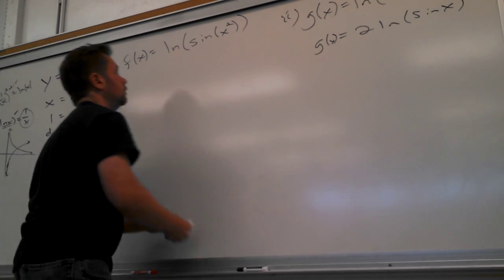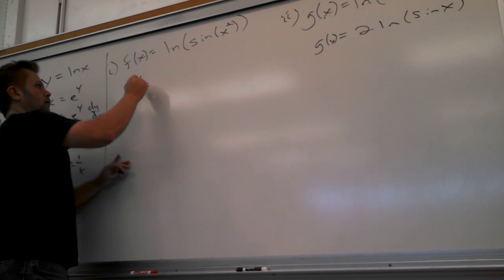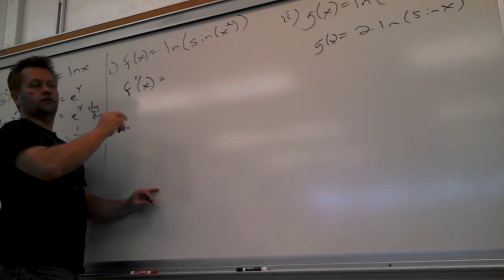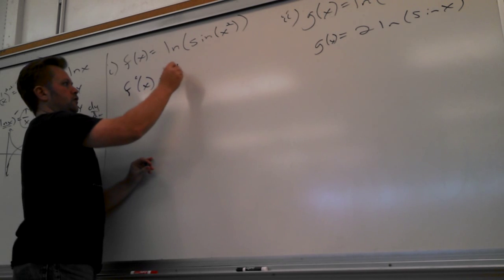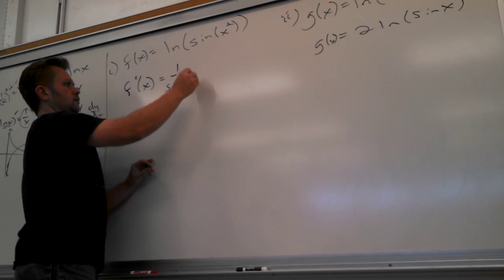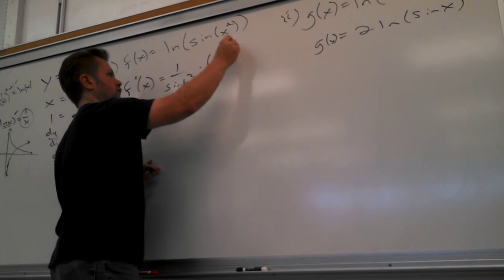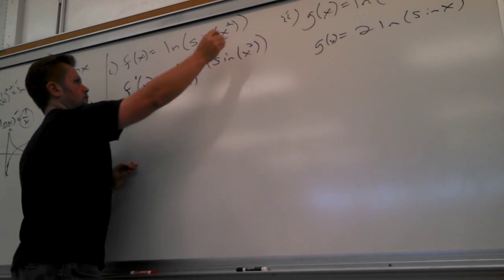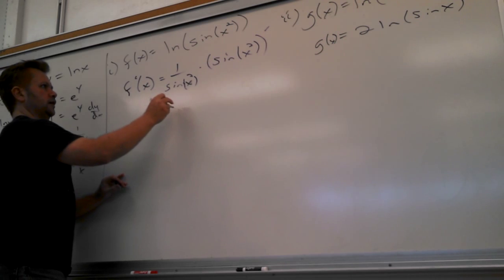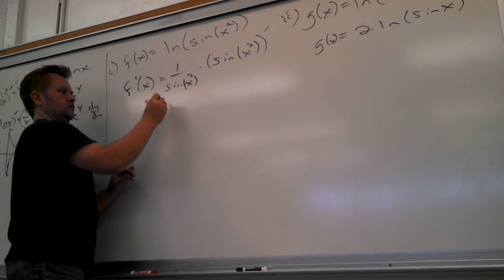What happens here? The ln is 1 over this mess times the derivative of this mess, prime. There you go. So what's the derivative of sine?